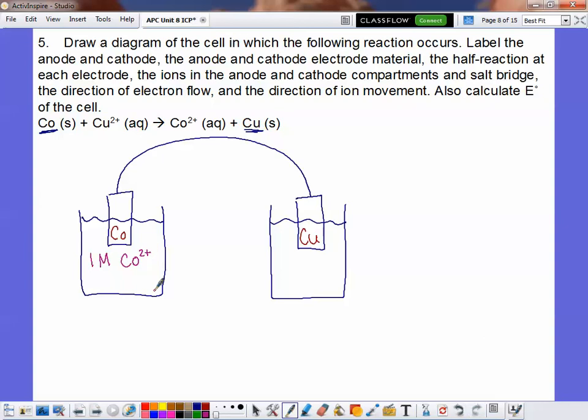And the anion would be something like a nitrate or a chloride, something that's not going to precipitate out. Something that would be in ion form. My copper electrode is going to be sitting in a solution that contains 1 molar copper ions.